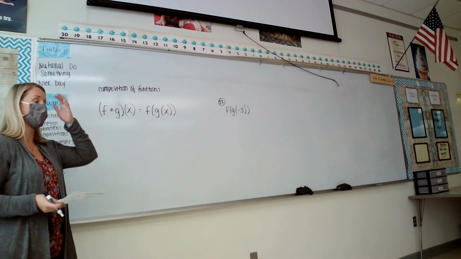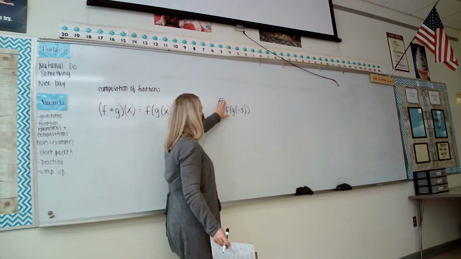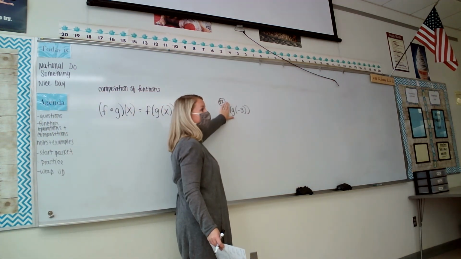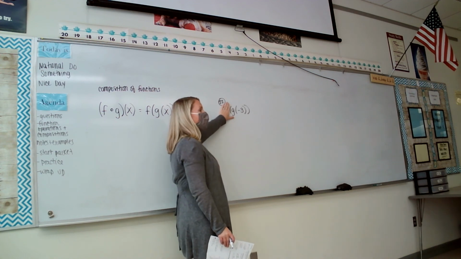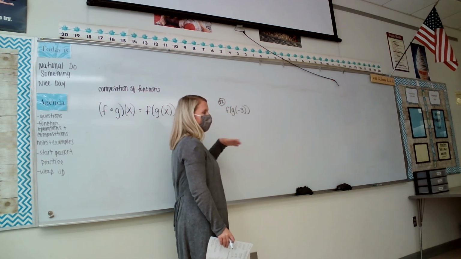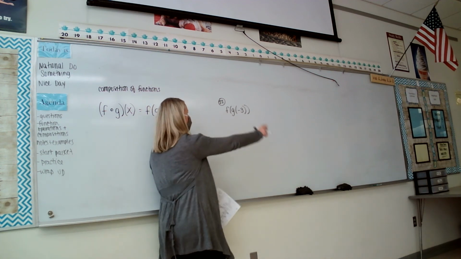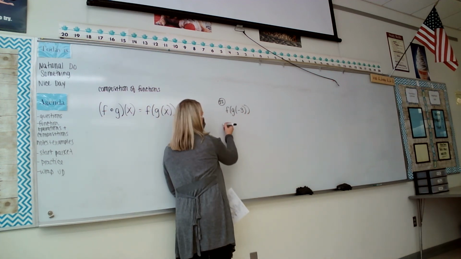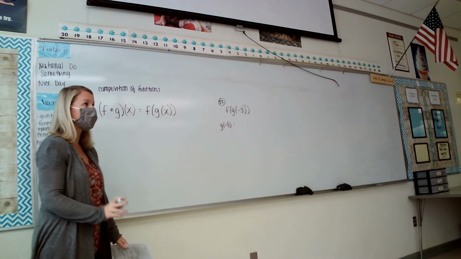So what this means is we work from the inside out. For the g function, we plug in -3 and figure out what the answer is. Then, once I have that answer, I plug it into the f function. This is how I set it up. I like to organize. I start from the inside with g of -3, one thing at a time.